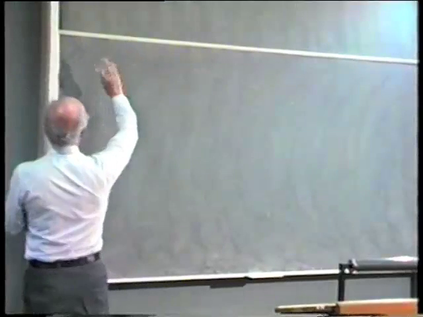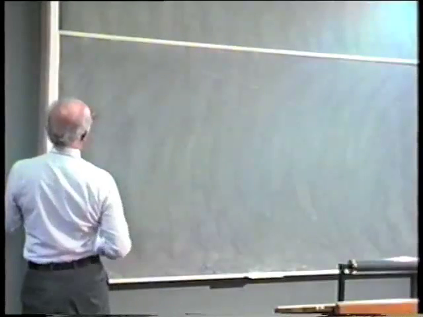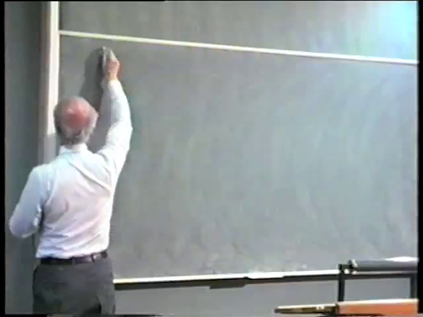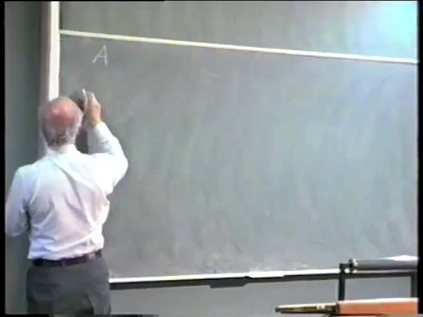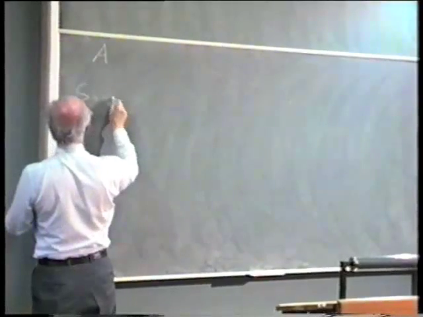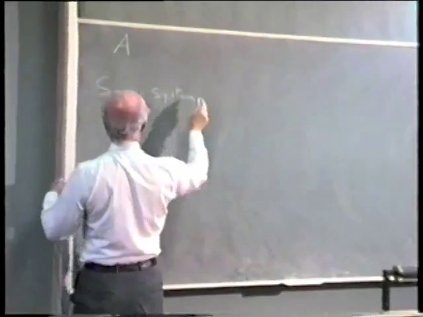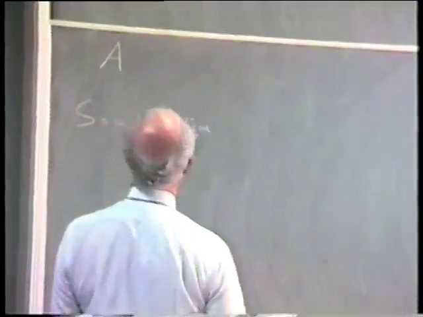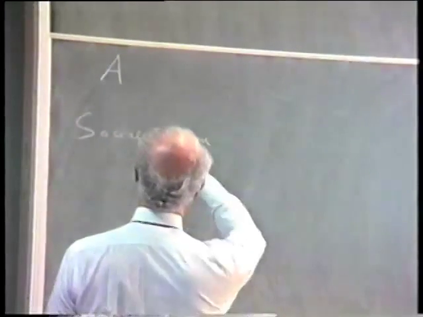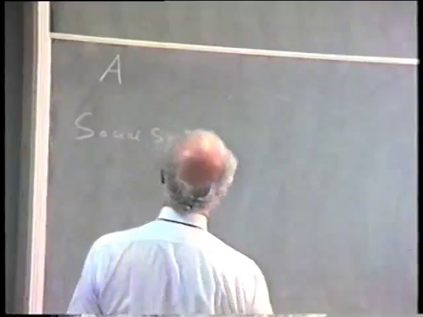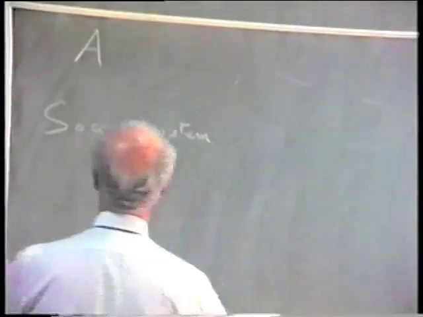Let me go one step higher in the degree of abstraction and describe what I mean by a social system. And I will say how a social system is a generalization of the economy of the type we have discussed before.